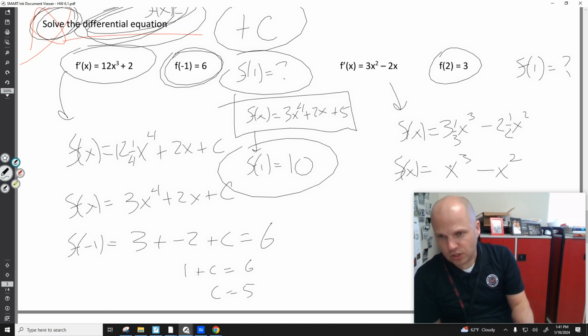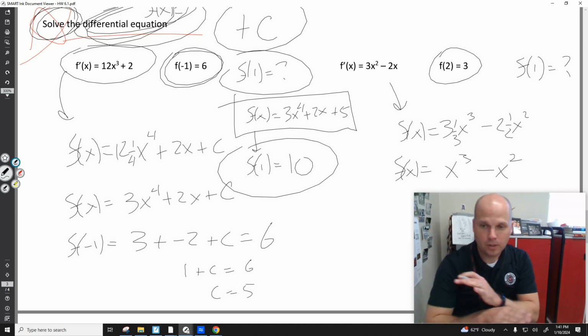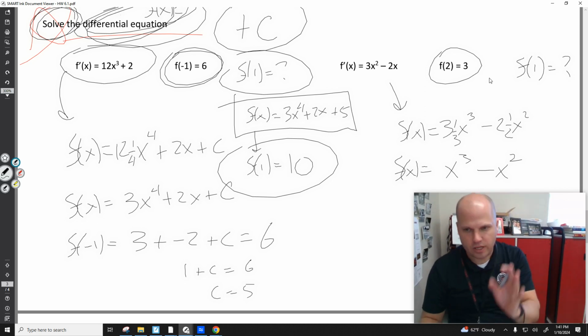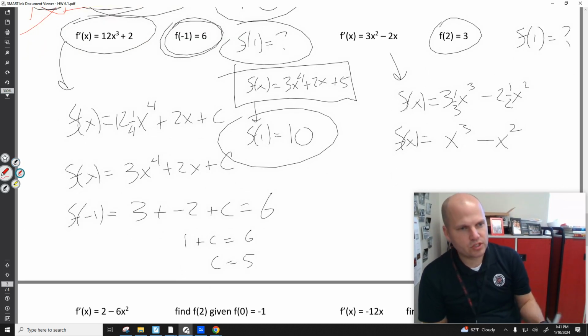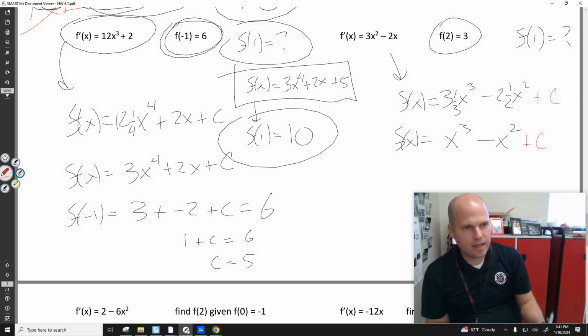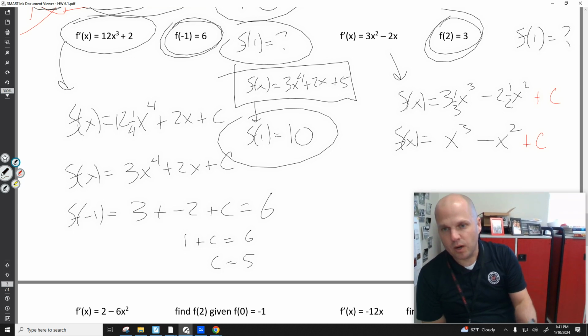If I plug in 2 into this equation, I get 8 minus 4, which is 4. That's not correct. f of 2 equals 3. I'm told that. This is why you have to have a plus C. This is why this point will help you find C.